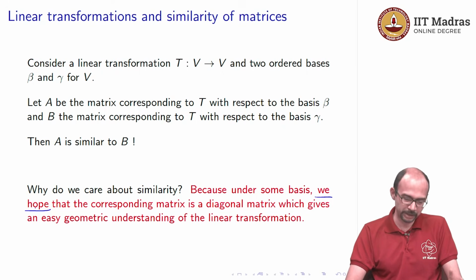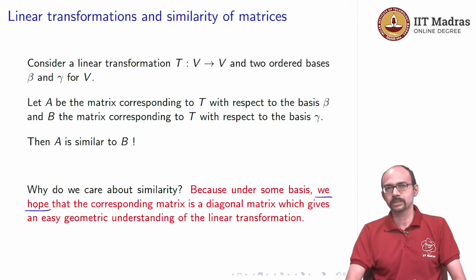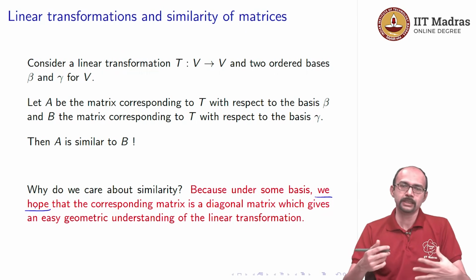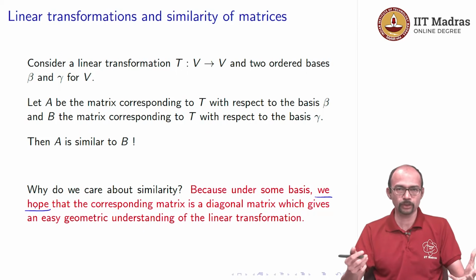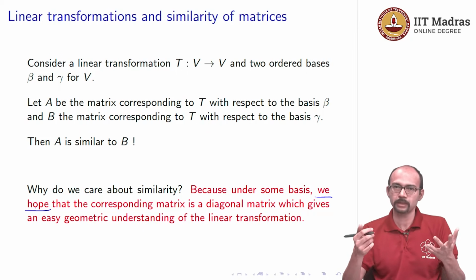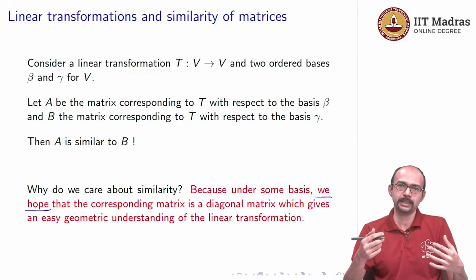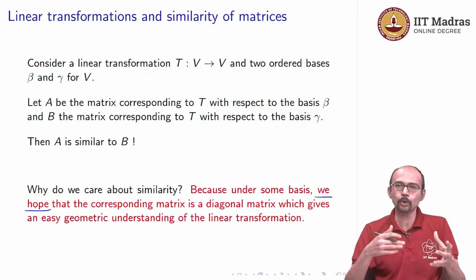If B is P inverse AP, then we say A and B are similar. These notions are useful because they help you understand how to go between different bases on a vector space. If you have a particular linear transformation and you choose different bases, how do you go between the corresponding matrices? That is really what equivalence and similarity is telling you.